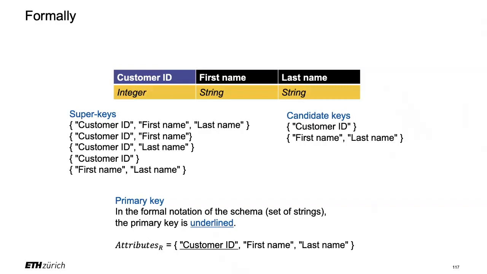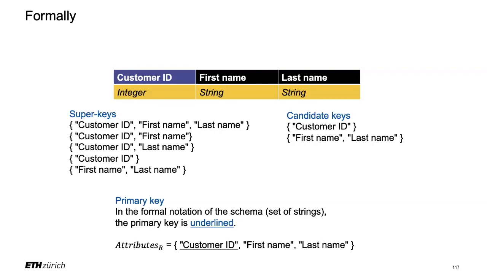That's a great question. It gives me an opportunity to again comment on that. The notion of minimal superkey is not about the number of attributes. It's about minimal with respect to inclusion in sets. So if you just look at the size, you might think, okay, minimal is 1 because it has only 1, and first name, last name is not minimal because it's 2 and that's greater than 1.